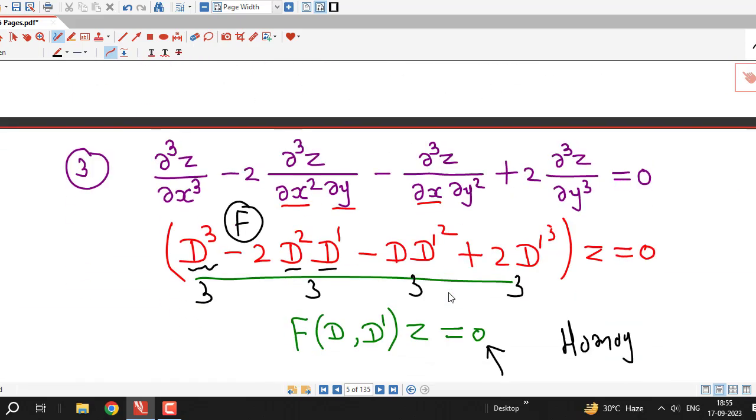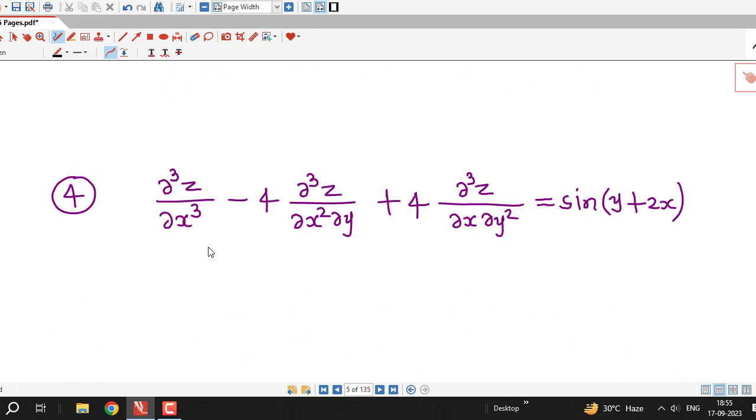And here also you can see f(D, D') is homogeneous because all the derivatives appearing are of third order. Here also you can see the order of derivative is 3, here also 3, 3.